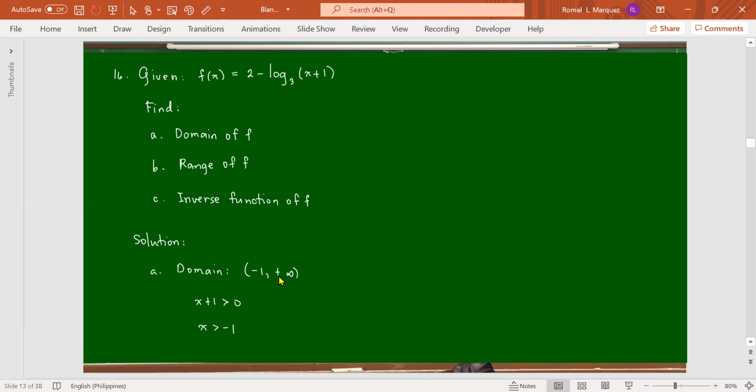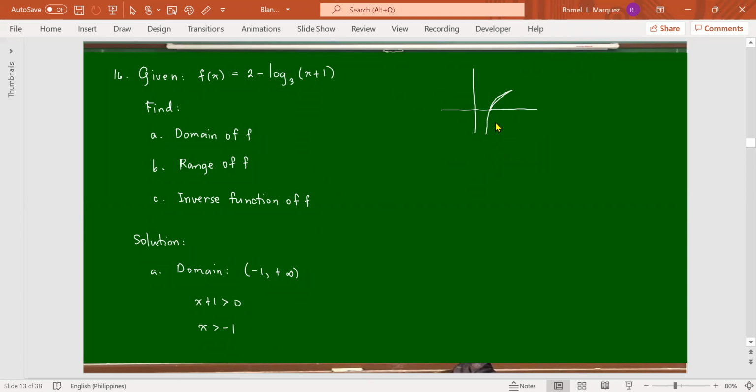For the range, the graph is the graph of log of x plus 1. I mean, the graph of log x to the base 3 is something like this. Okay?